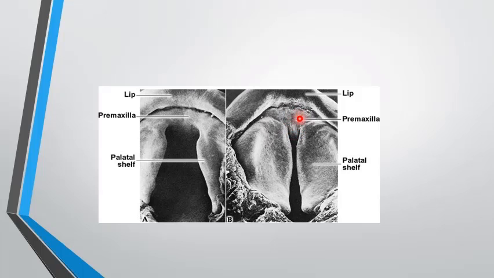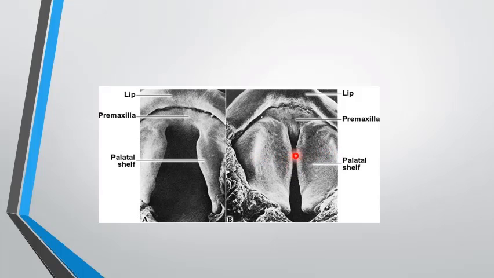The part anterior to it is called the primary palate, derived completely from the median nasal process. It has a different embryological origin from the other parts of the hard palate, which come from the maxillary prominences.